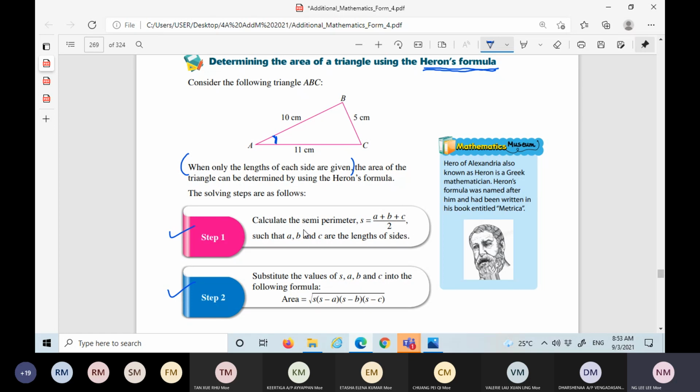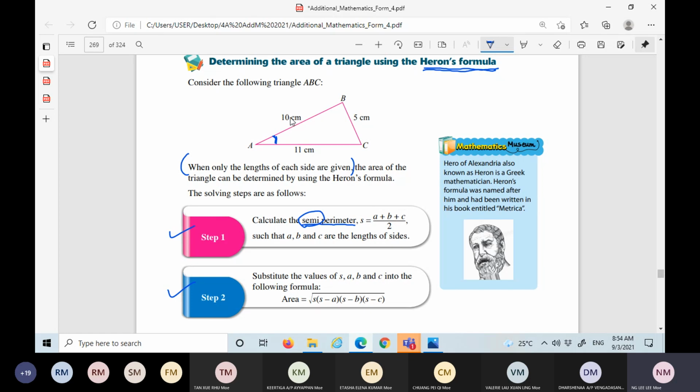First of all, you got to calculate something. This one is S, we call it semi-perimeter. You heard about perimeter, but you didn't hear about semi-perimeter. Semi-perimeter is after you find the perimeter, you divide by 2. Semi, half. Let it be the S here.